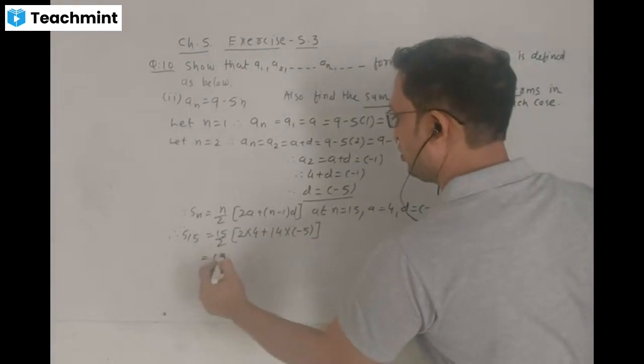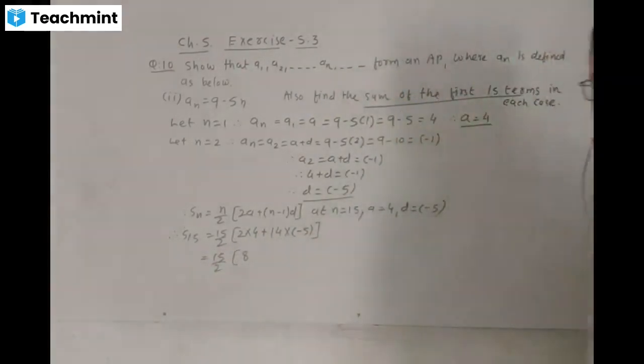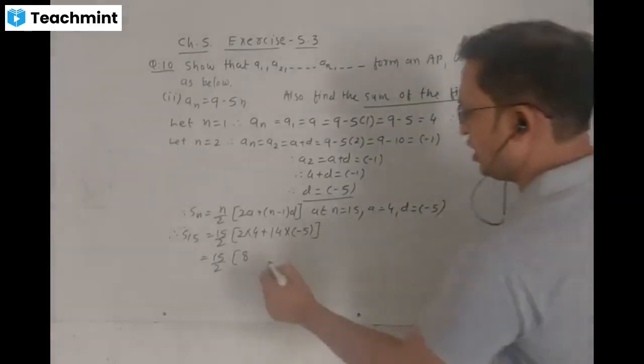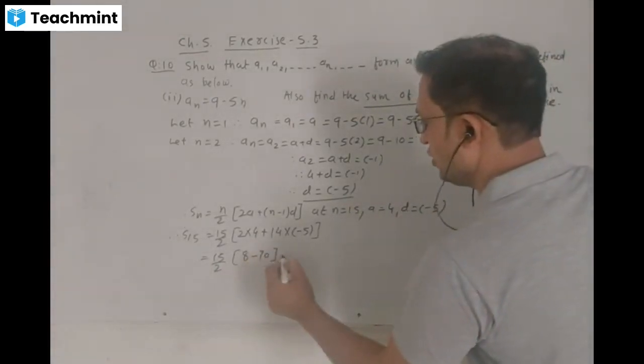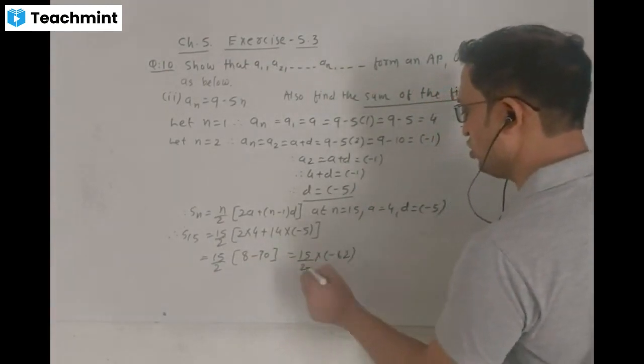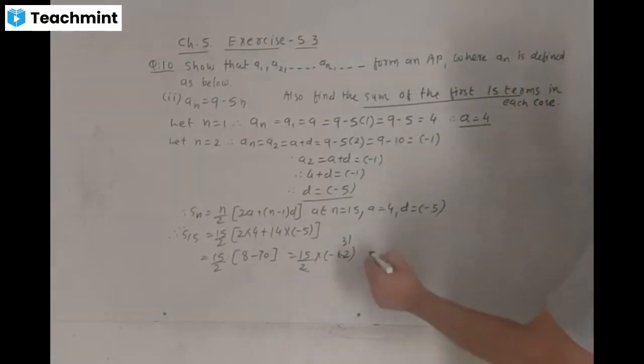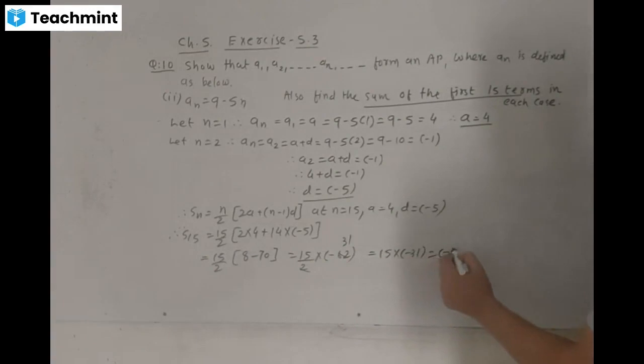That is 15 by 2 times (4 2s are 8, minus 14 5s are 70), that is 8 minus 70. That is equal to 15 by 2 into minus 62, 31 2s are 62, that is 15 into negative 31, that is equal to negative 465.